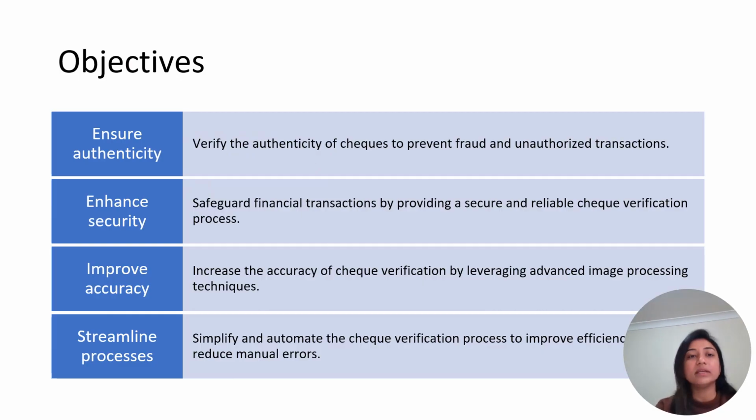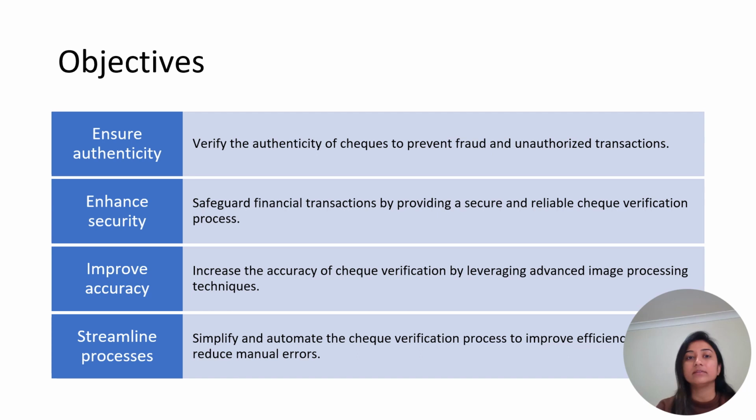Objective. The main objectives of the project are authenticity, security, improved accuracy, and a streamlined process. That means verifying the authenticity of the check to prevent fraud and unauthorized transactions, and safeguarding financial transactions by providing a secure and reliable process.